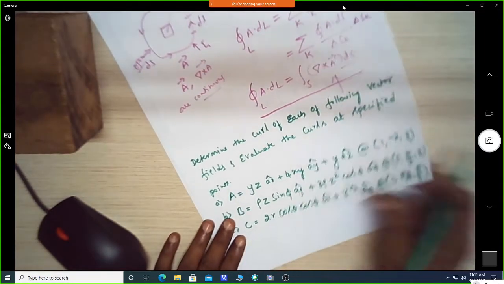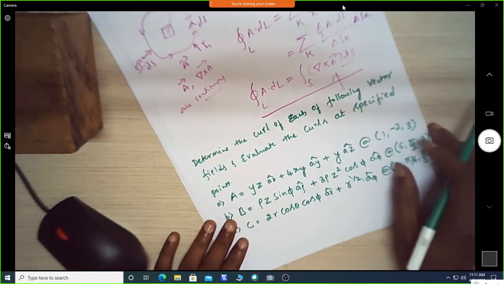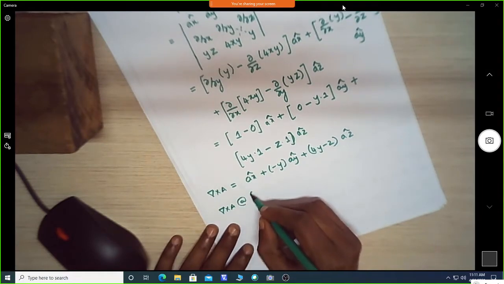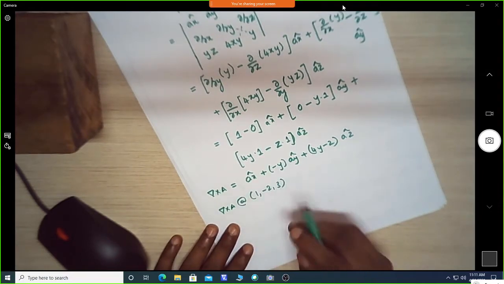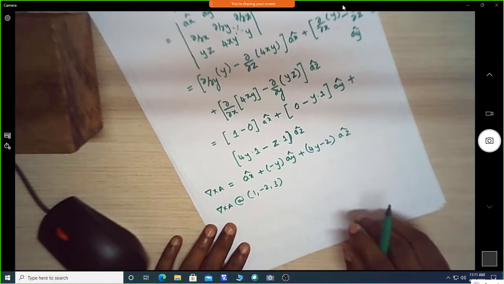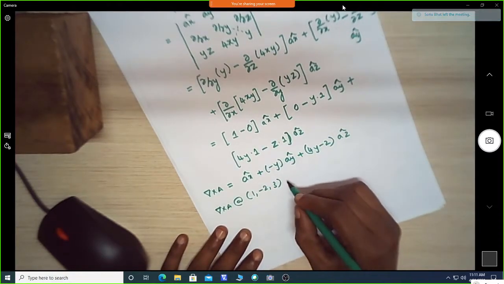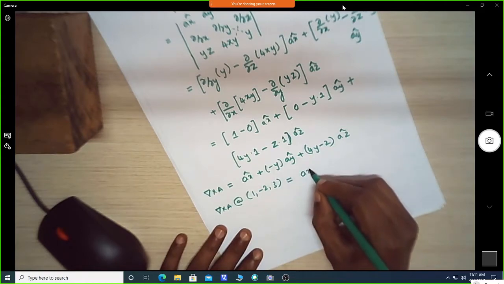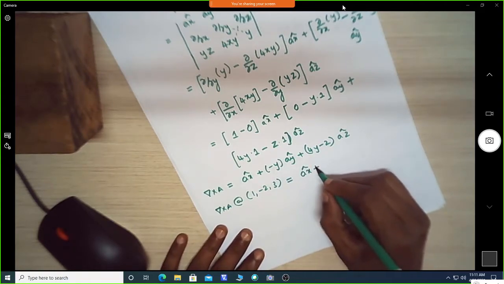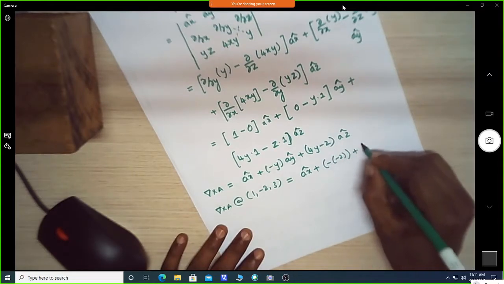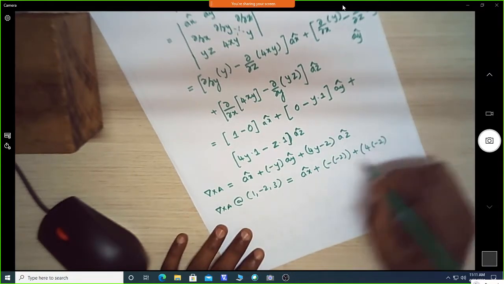It is (1, -2, 3). We have to evaluate that at that point. Okay, so now if we put the values of x, y and z here, we will get, so this is the ax component, so plus y is minus of minus 2, plus 4 into minus 2 minus z is 3.